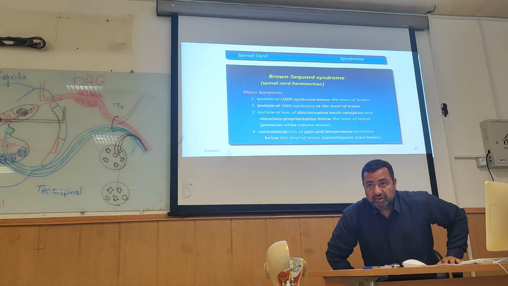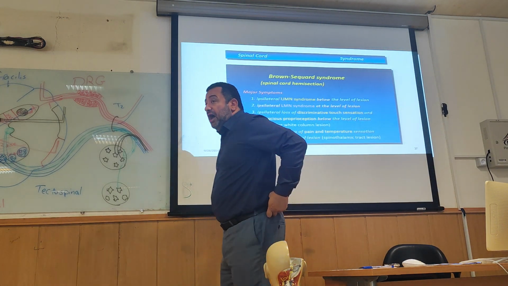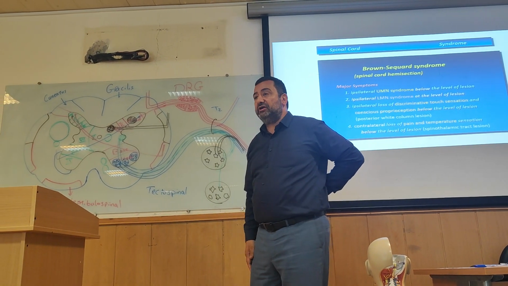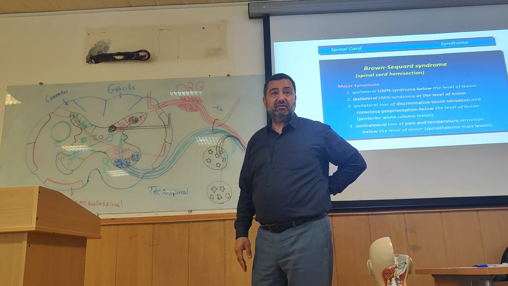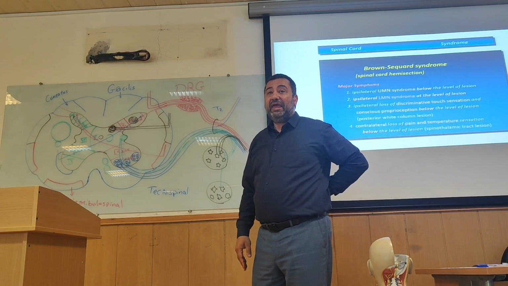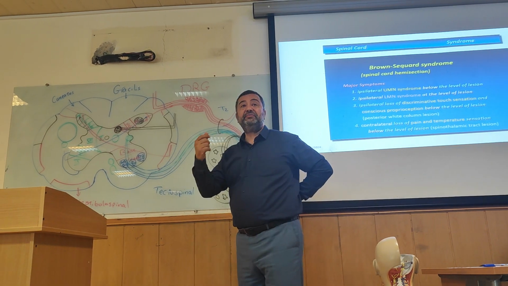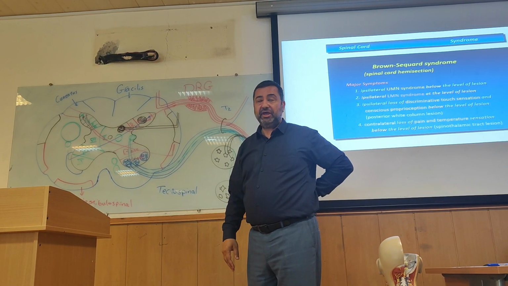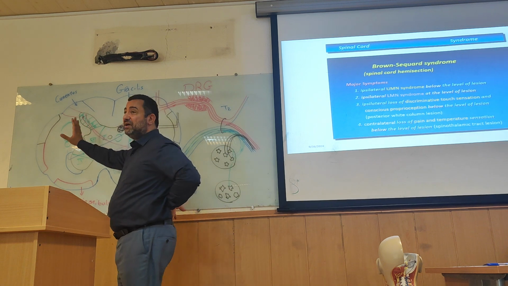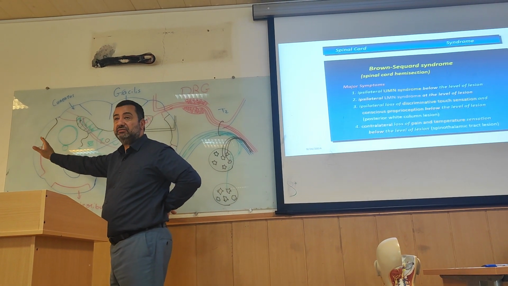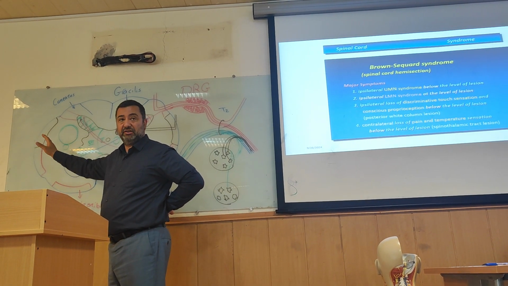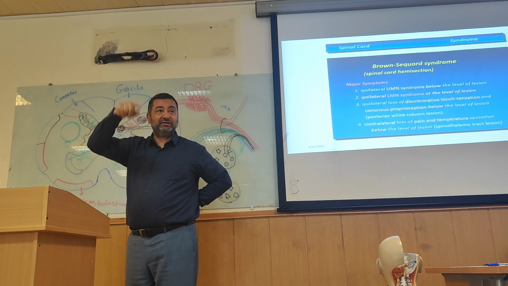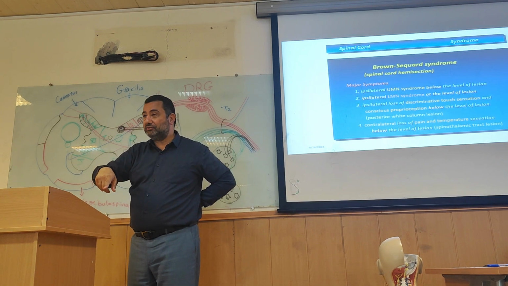When I tell you right lower limb, the right lower limb has paralysis, okay? And there isn't discriminative touch and vibration on the right lower limb. You know that this damage is on the right side, because crossing of the corticospinal tract is in the medulla oblongata, not in the spinal cord.